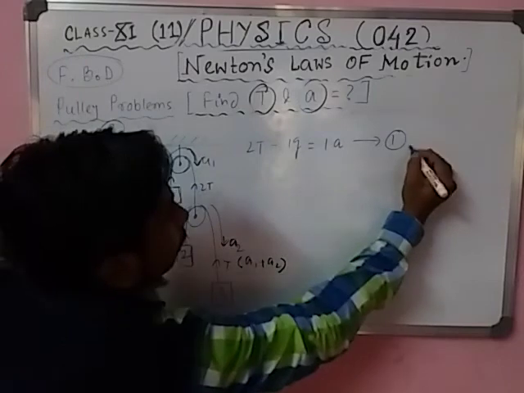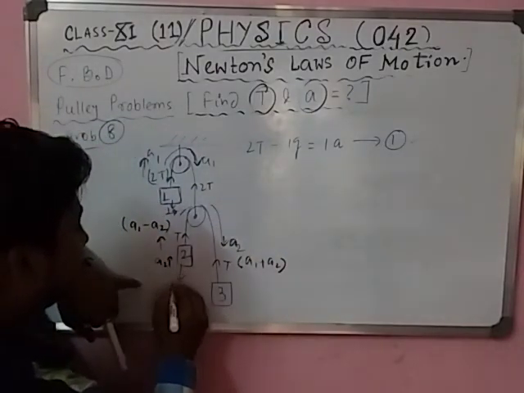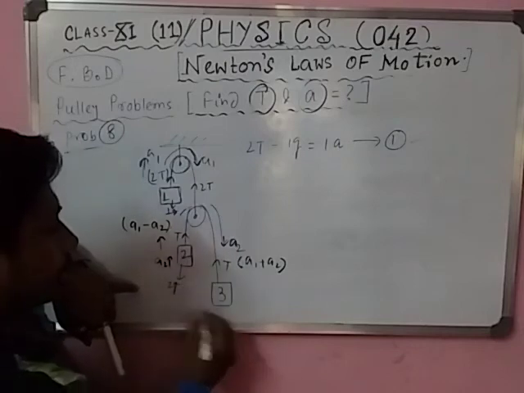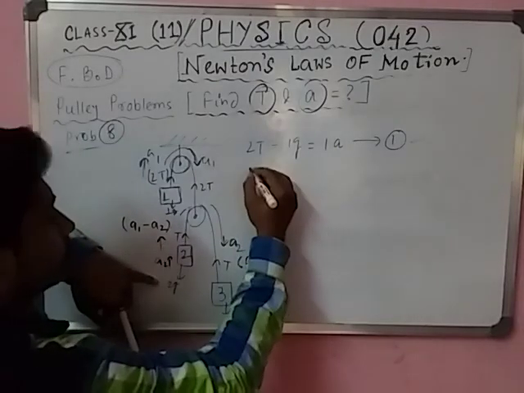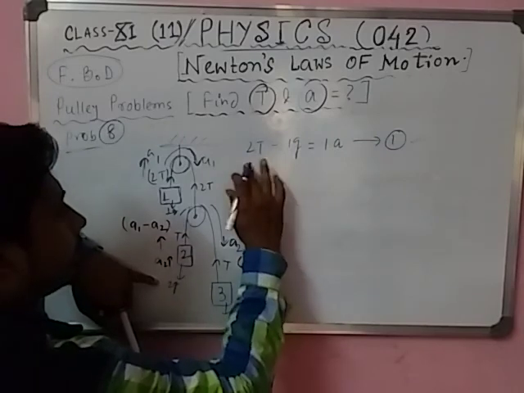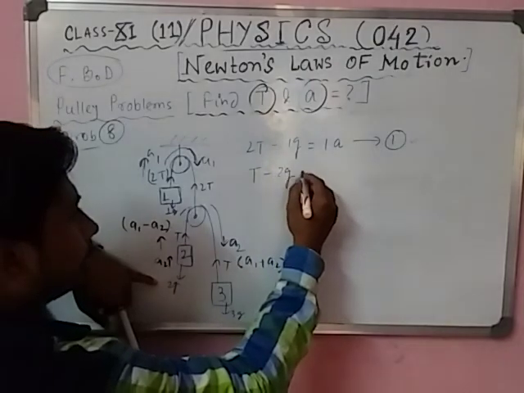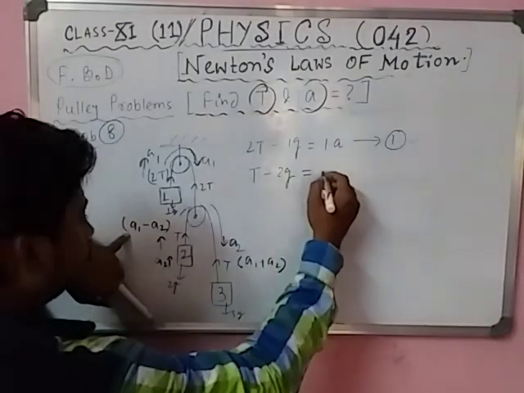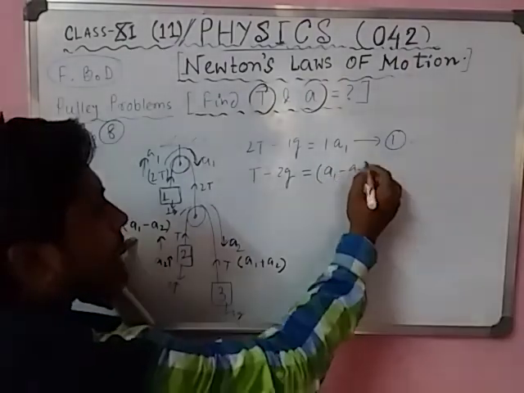Next students, for body 2, 2g is downward, acceleration upward. So we write T upward: T minus 2g is equal to (a1 minus a2) into 2.